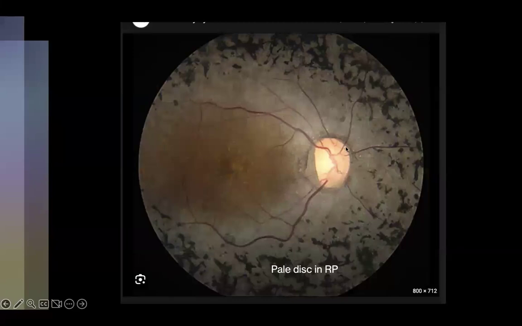All these pigmented retinopathies give rise, in later stages, to pale discs. And these pigmentary spicules are a classic feature of any pigmented retinopathy. This is a retinitis pigmentosa case. They start from the periphery and gradually encroach into the center. The blood vessels get atrophied and the disc gets atrophied and pale.